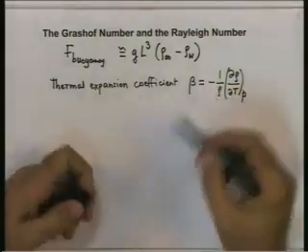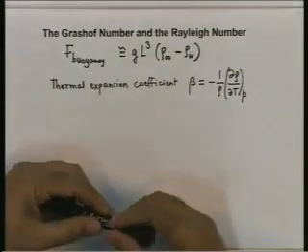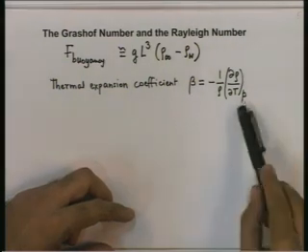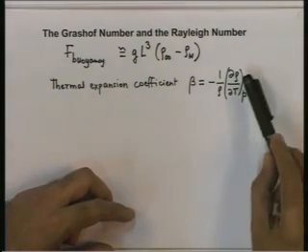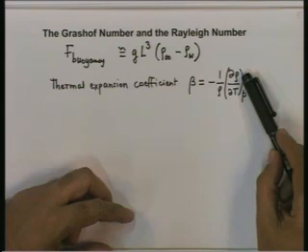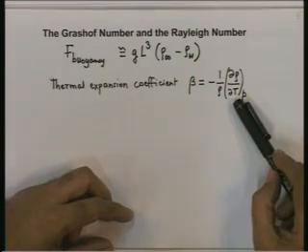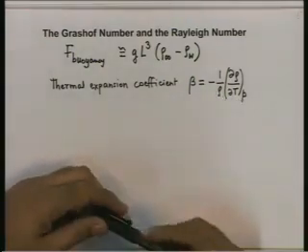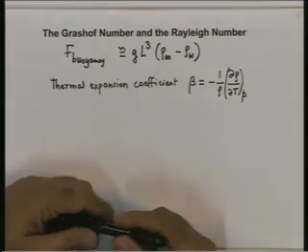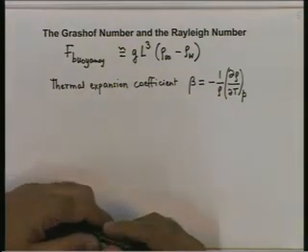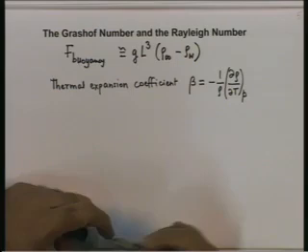The negative sign is included to obtain a positive value of beta, because as temperature increases, density decreases for almost all fluids. That is a common occurrence. So, partial of rho with respect to T is a negative number. So, this negative sign here gives us positive values of beta for tabulation and calculation.